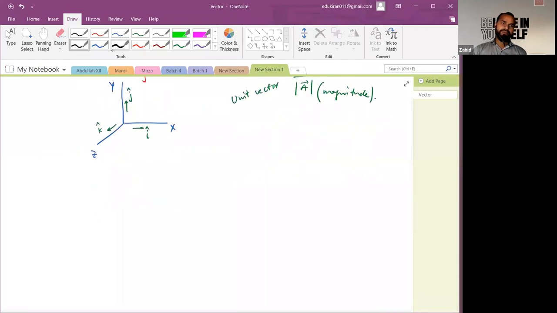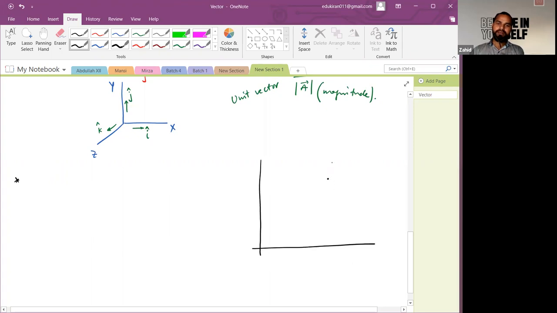Now I'm defining what we mean by vector. Let's say you have a point A having coordinates x and y. It means this point has a component along the x-axis as x.